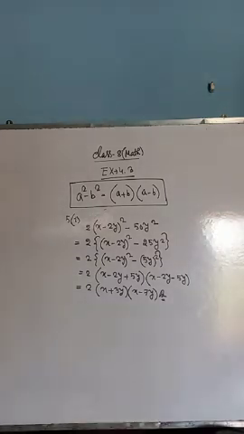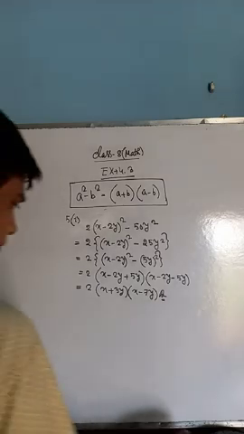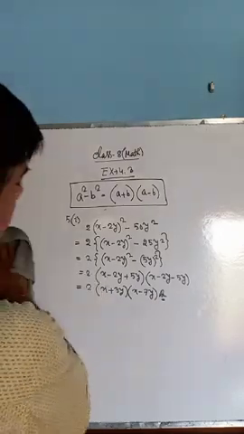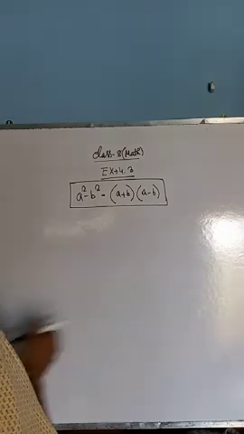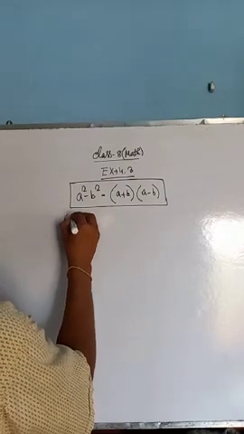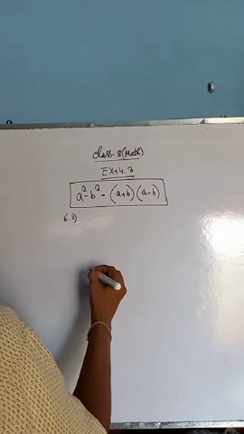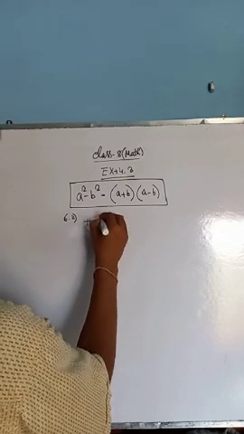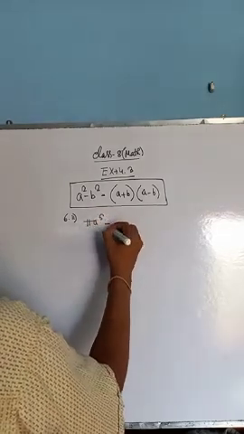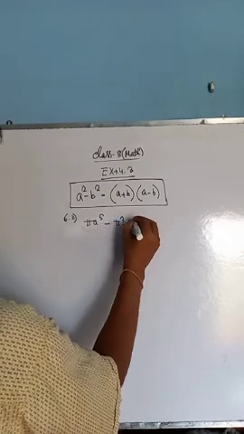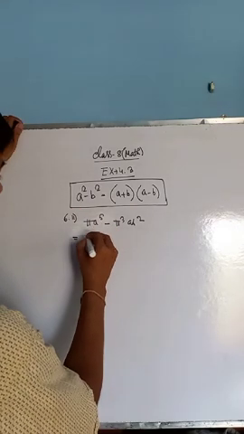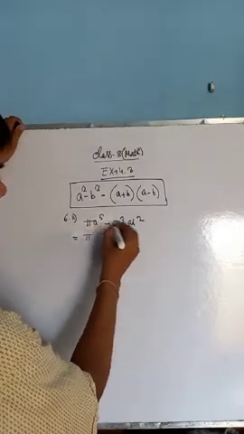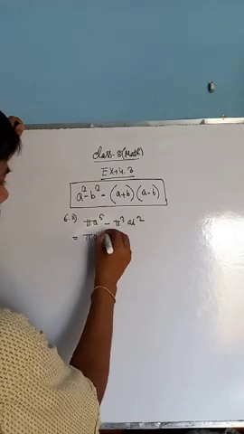Another math, 6A2: pi a to the power 5 minus pi cube a b square. From here you can take pi as the common, and a as well. So what will be left?